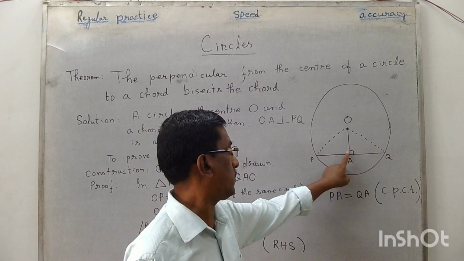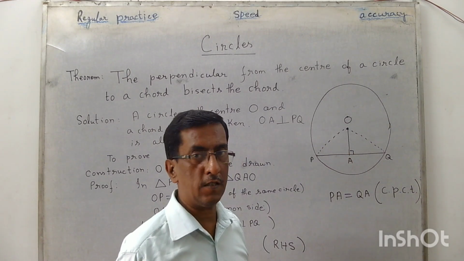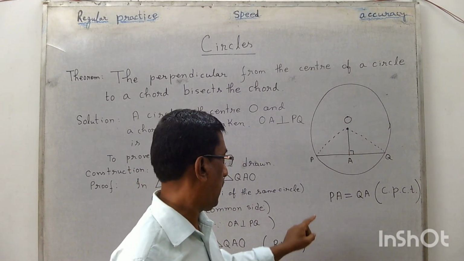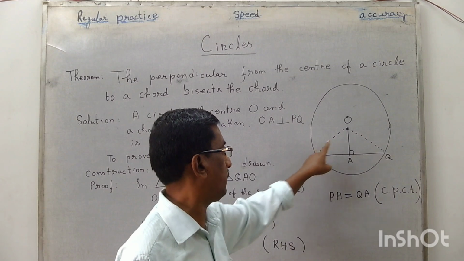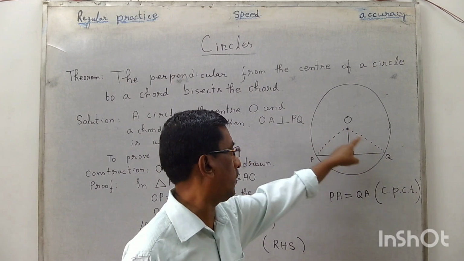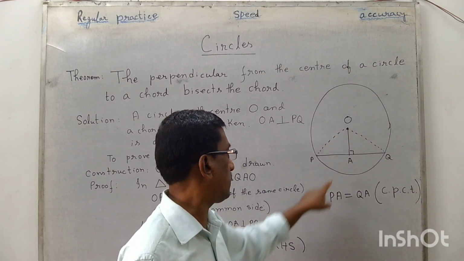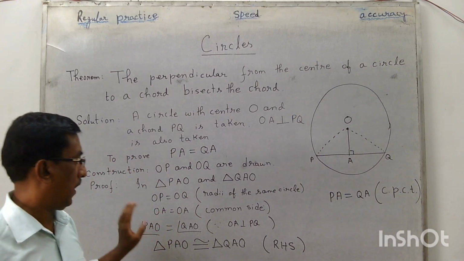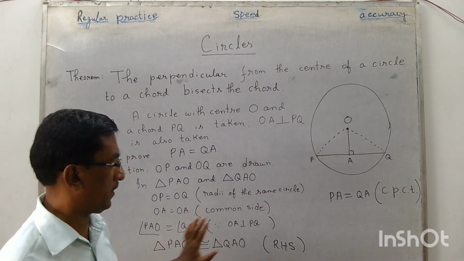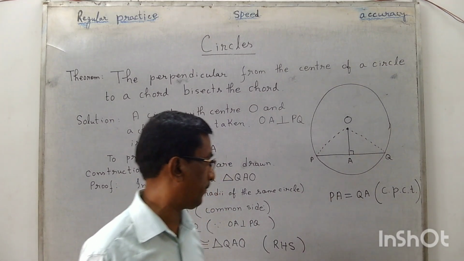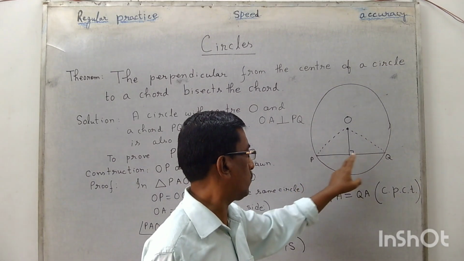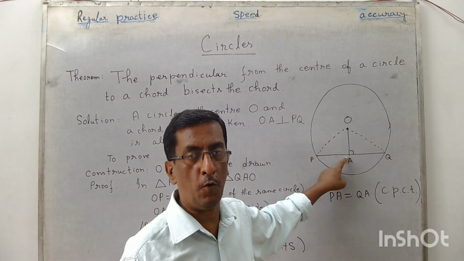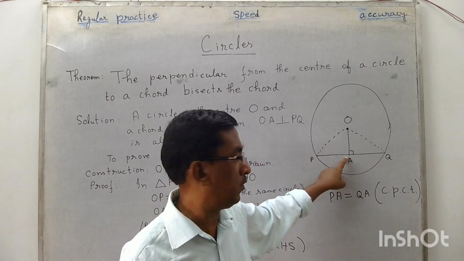You see these two are right angles, that means each angle is 90 degree. Hypotenuse means the radii of the circle, OP and OQ, and side means OA, which is common. After congruency, we can say that PA equals to QA. That means A is the midpoint of PQ.